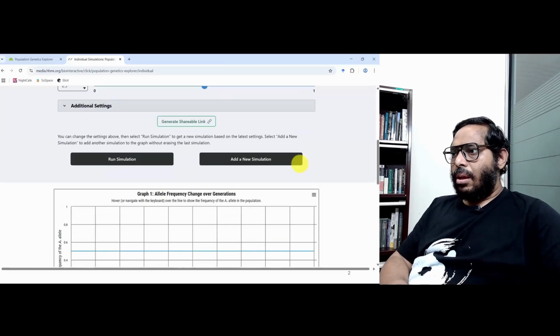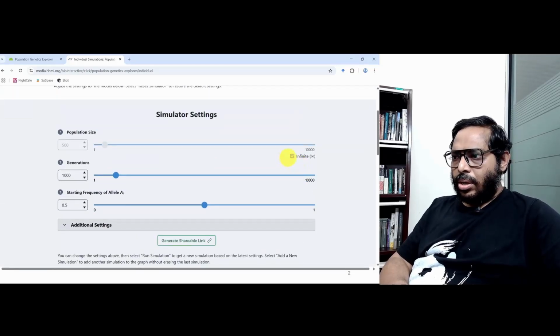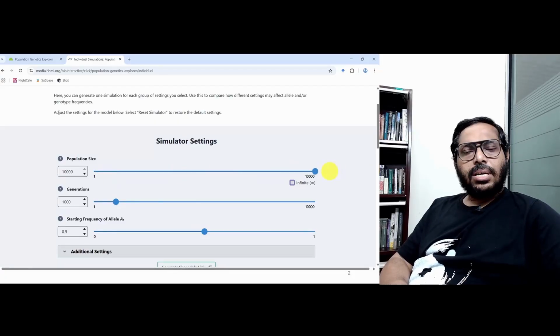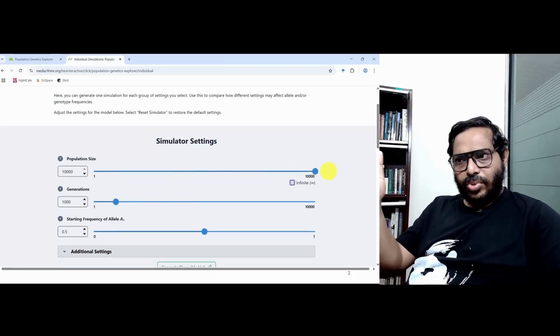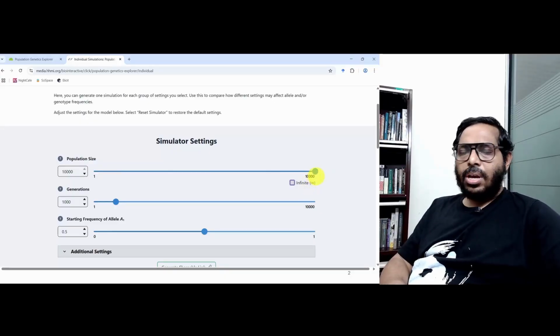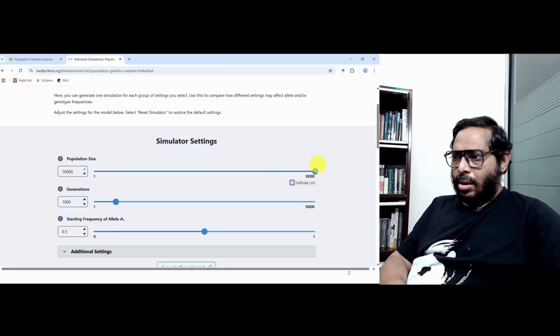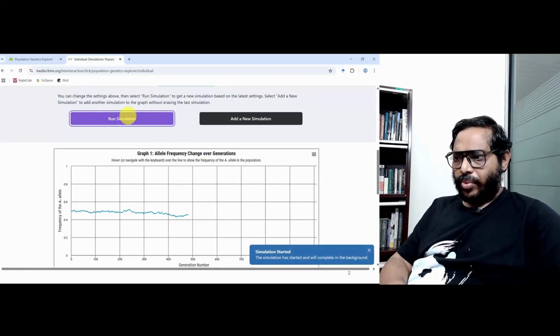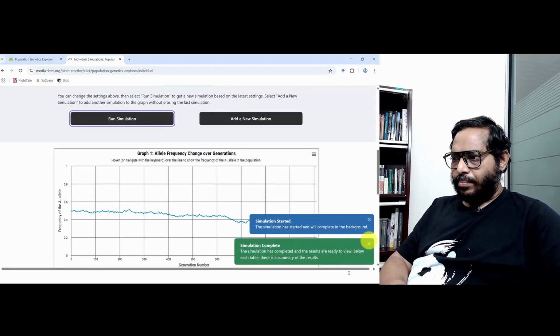change. So, now what we will do is we will explicitly set the population size at something, and to begin with let us set it at the highest possible size which this particular simulation allows, which is 10,000, and we have done that and we say run simulation. And what do we see?